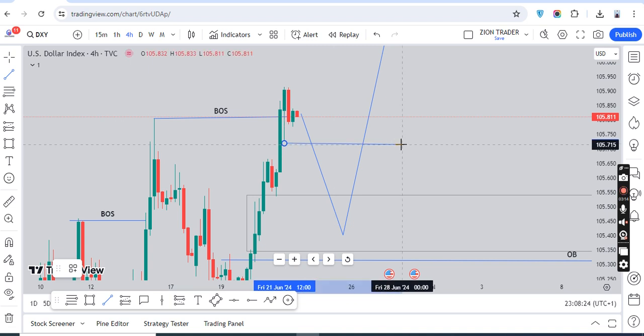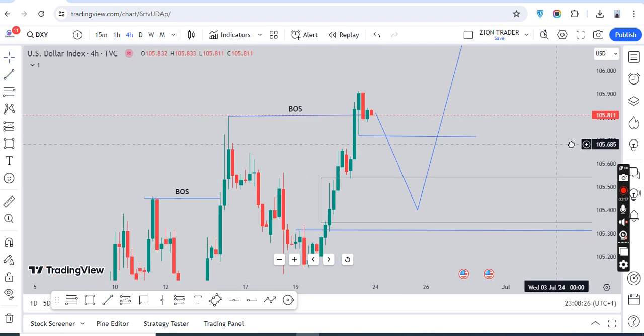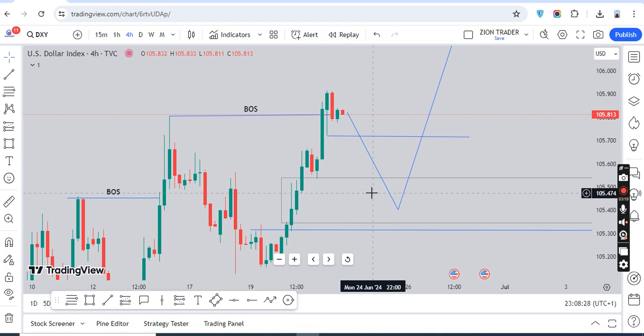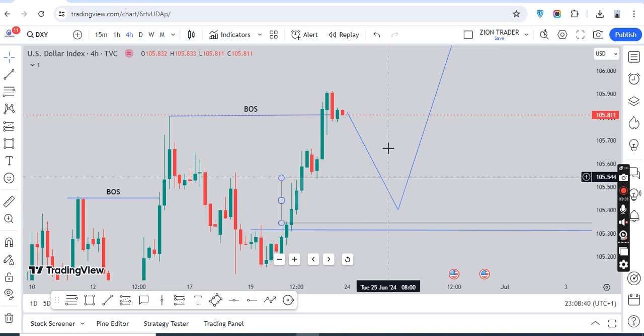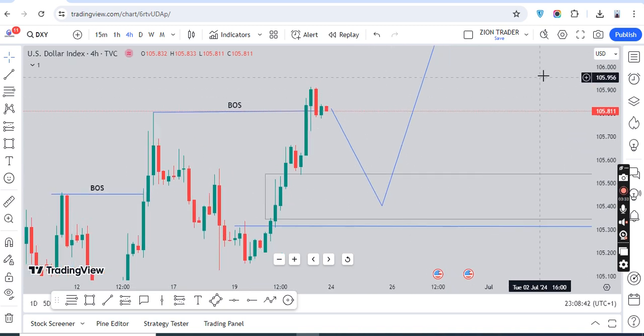If it trades into this fair value gap right before the London session, anything below this point I won't take. But I can still take the sell above this point, right? Anything below here I won't take the trade. I will just let it go, allow it to trade into my point of interest before I start buying.